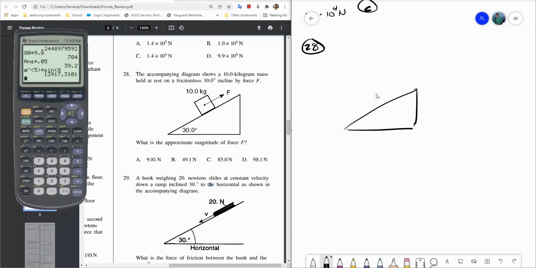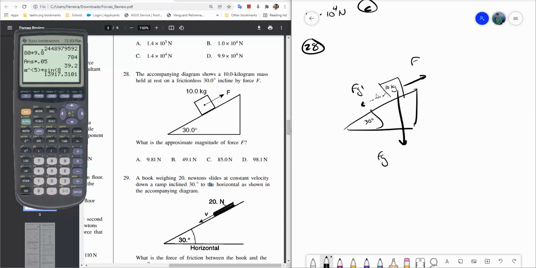Really what it's being canceled out by is the force of gravity parallel, the component of gravity that's going parallel down the incline.